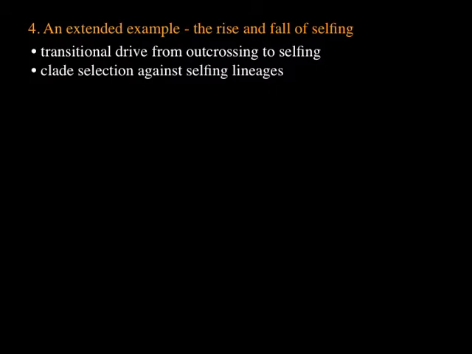And then secondly, we have clade selection against selfing lineages. So don't you see, this is a dynamic that has a very, very tight analogy to the origin of new deleterious mutations and then selection against those deleterious mutations.